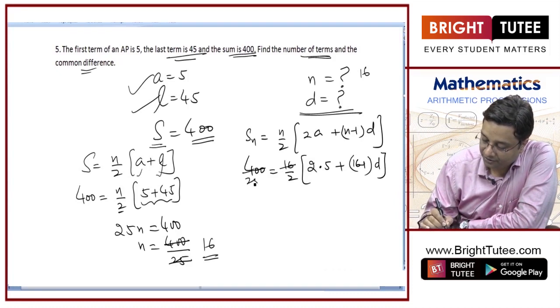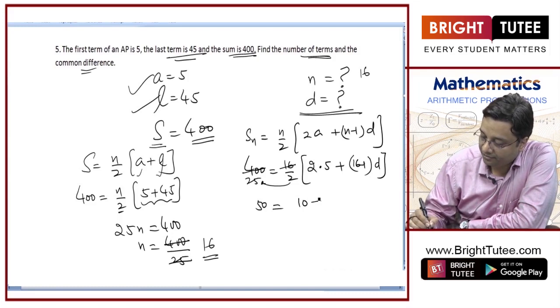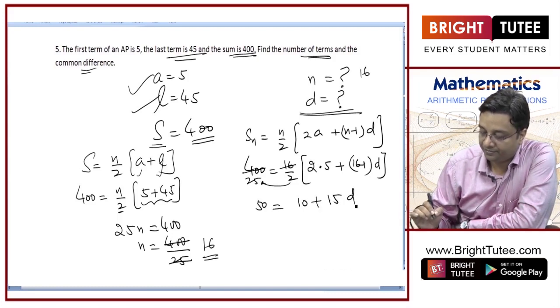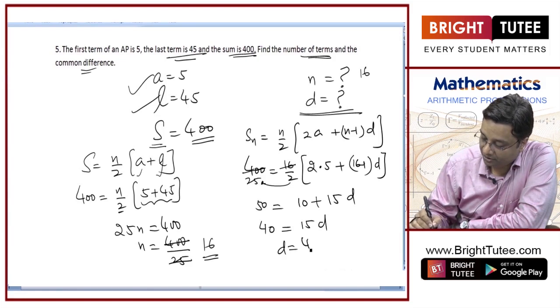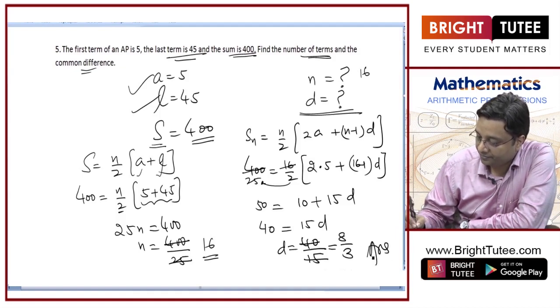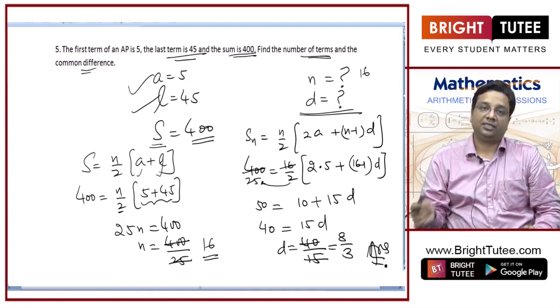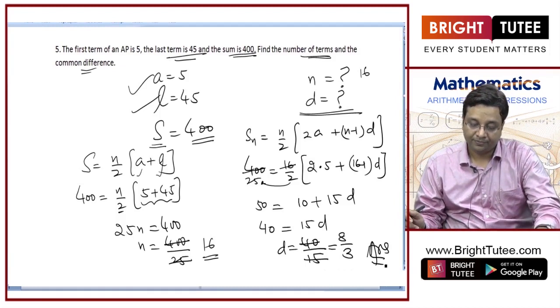This will become 25 into 2, 50, equal to 10 plus 15d, right? So it will become 40 here, 40 is equal to 15d, so d is equal to 40 upon 15, which is nothing but 8 by 3, right? So this is our answer for this question.